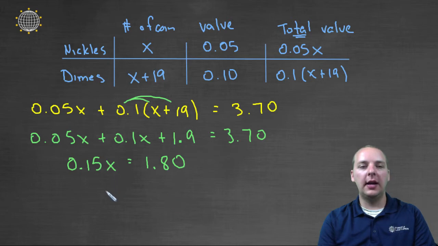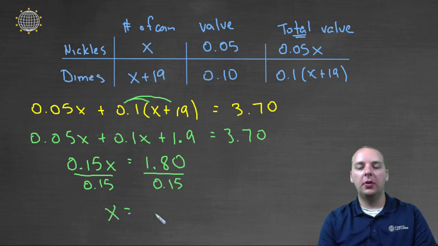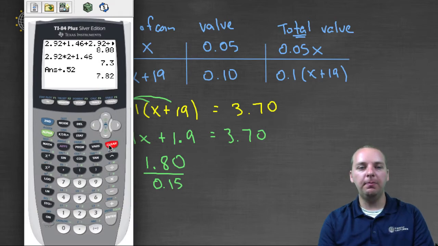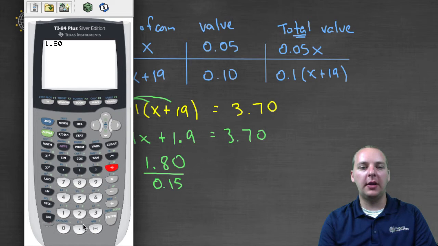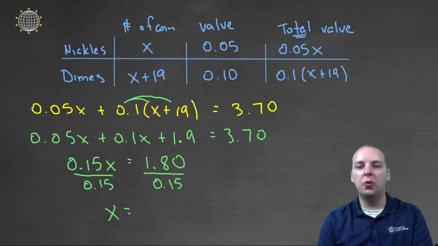And then the last step will be to divide both sides by the variable's coefficient. We might need a calculator for this one. The x would equal, let's pull out our calculator, 1.80 divided by 0.15. We get a total of 12. So x would be 12.